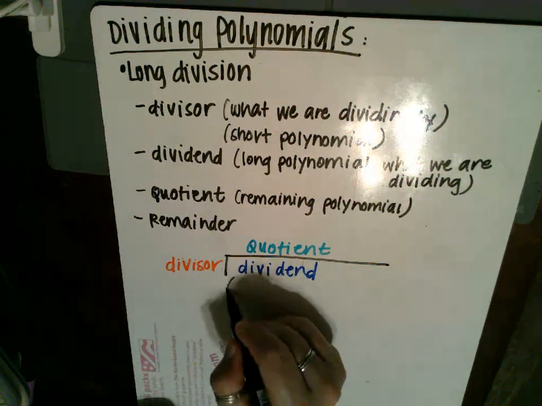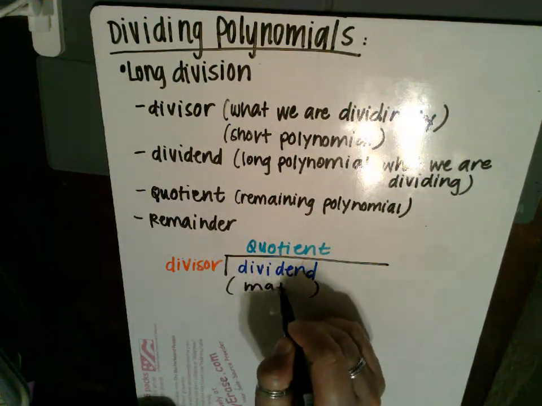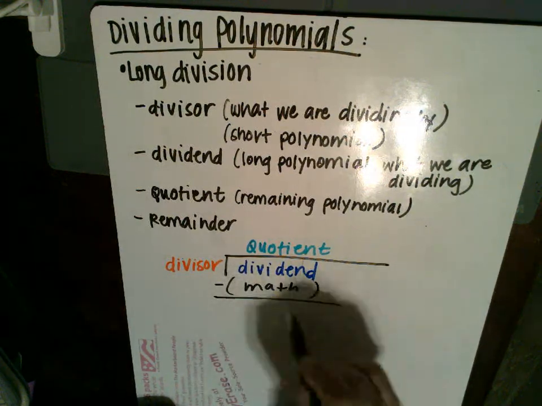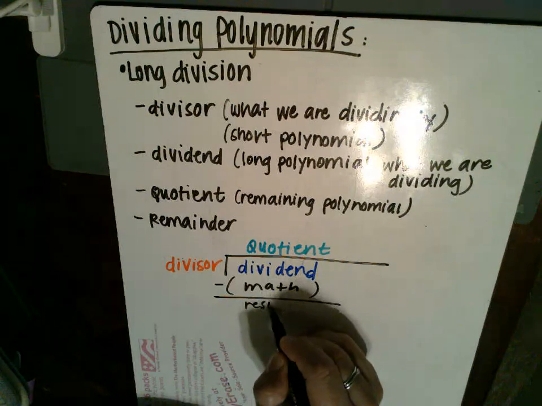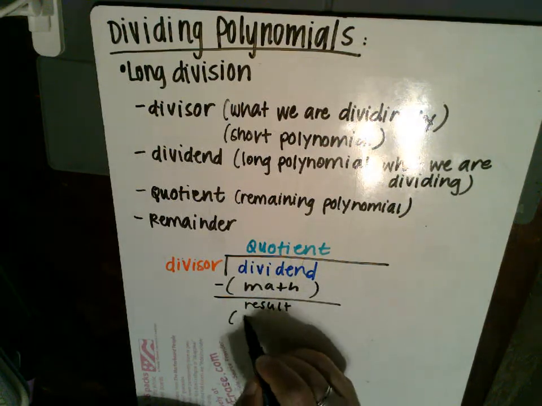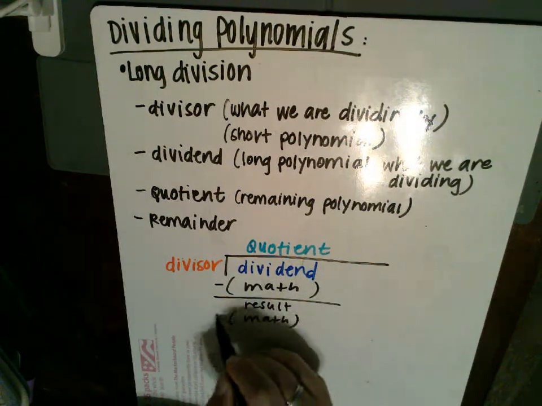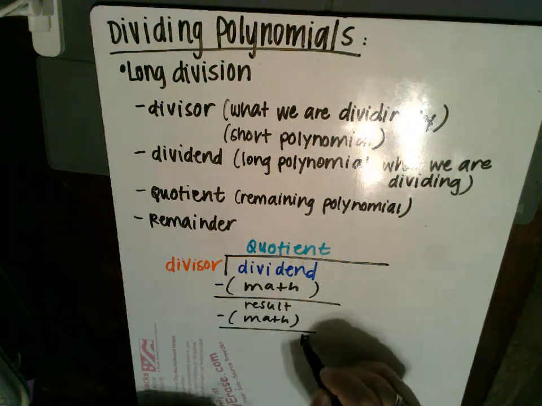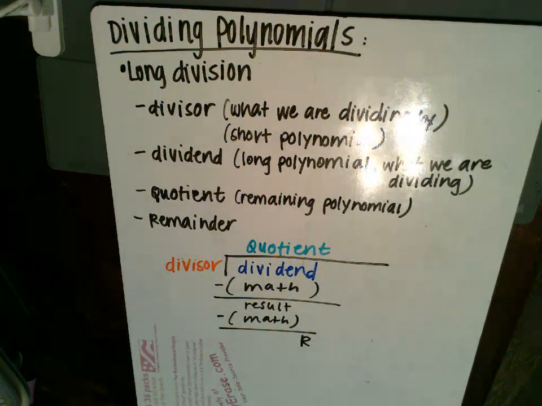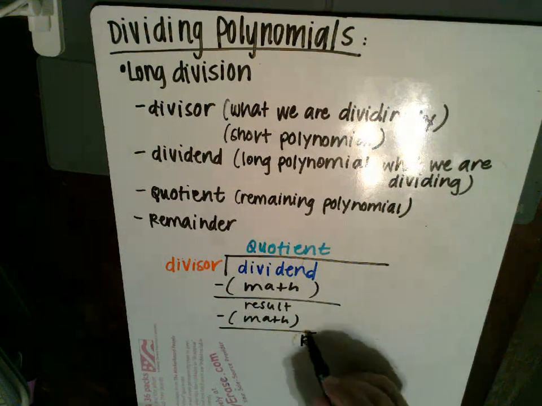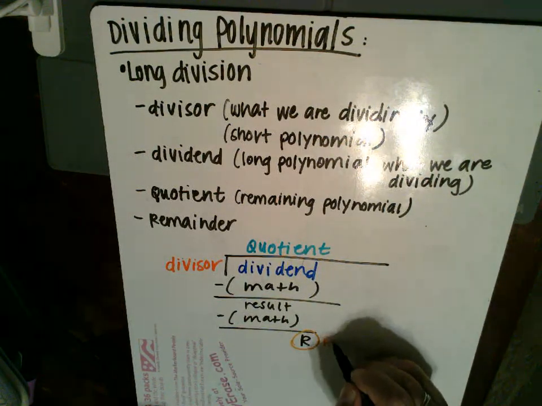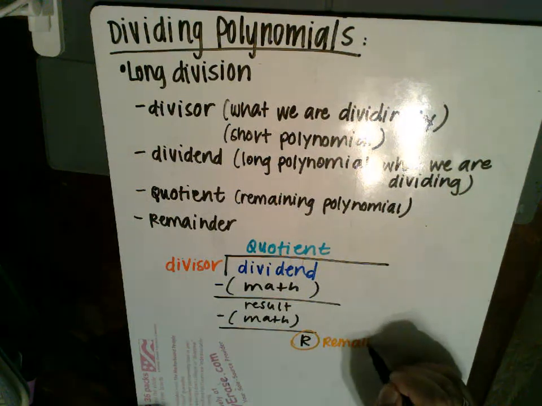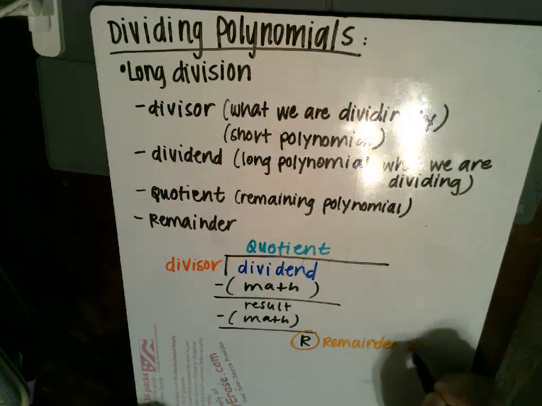Here we do a bunch of math, subtractions, repeated over and over again, and finally we end up with a number value. It could be 0, it could be a number, and this is our remainder.